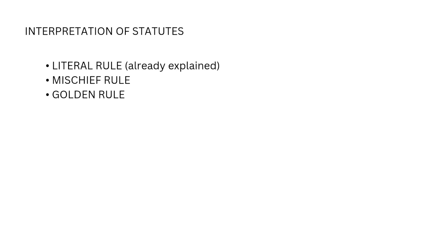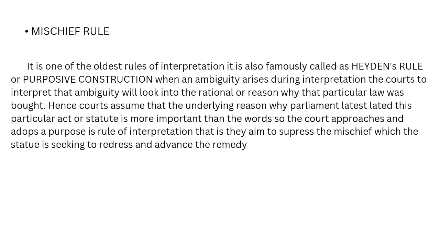Now to start with mischief rule, it is one of the oldest rules of interpretation. It is also famously called as hidden rule or purposive rule of construction. When an ambiguity arises during interpretation, the courts, to interpret that ambiguity, will look into the rationale or reason why such particular law was brought.